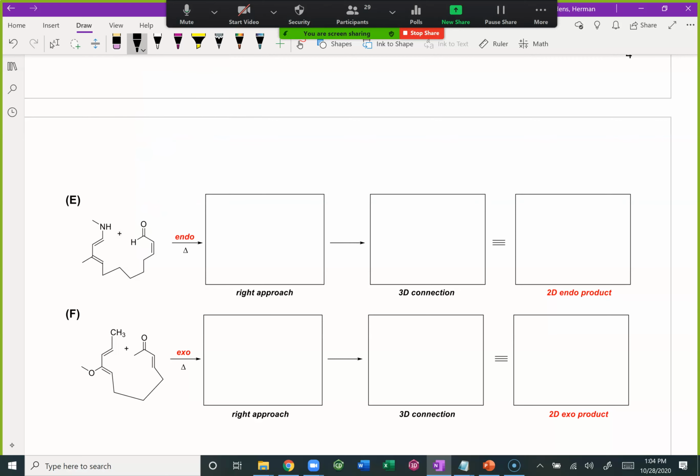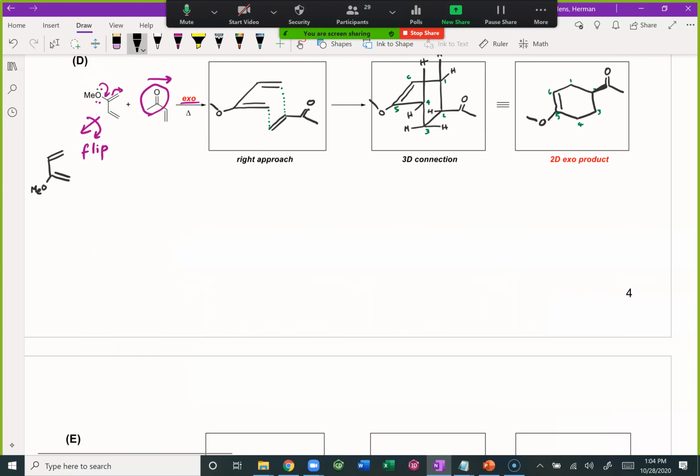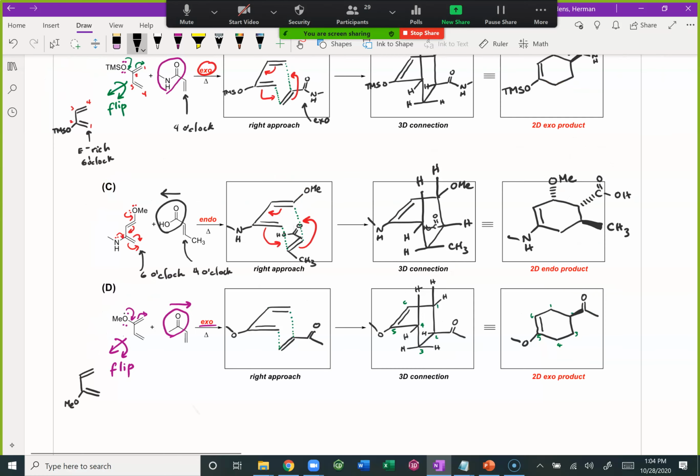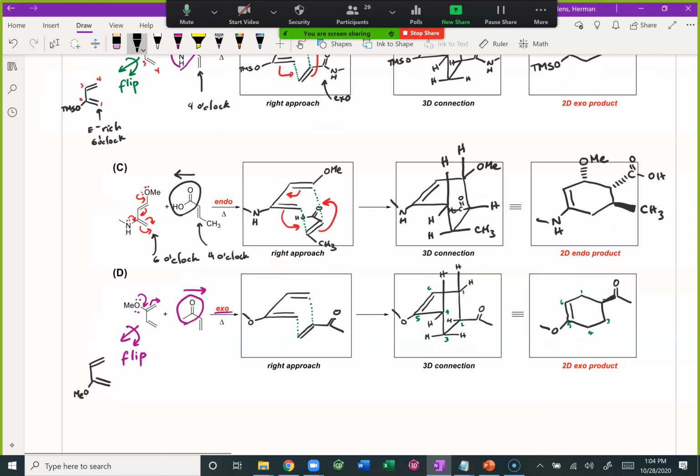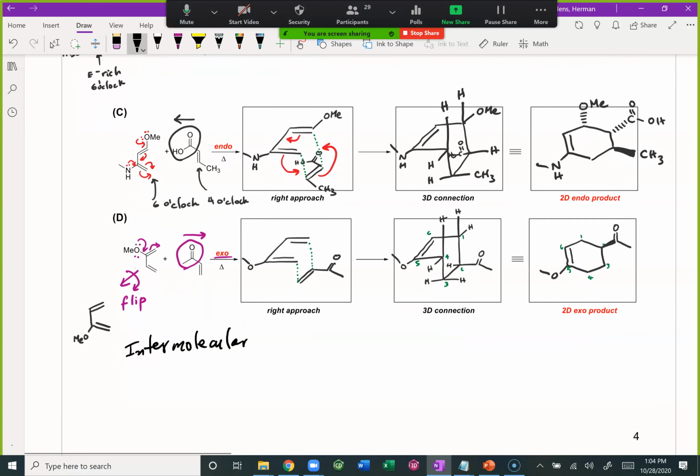So here we go. What we learned earlier was that these approaches here were intermolecular. So inter means among molecules.